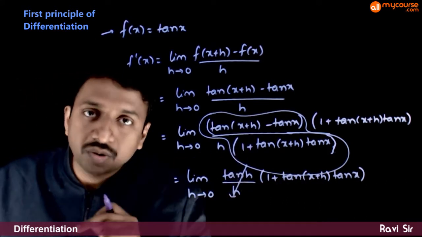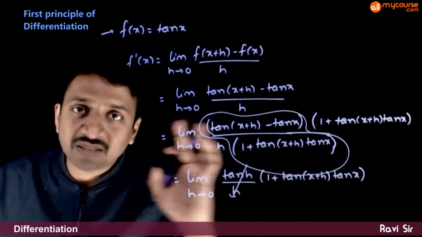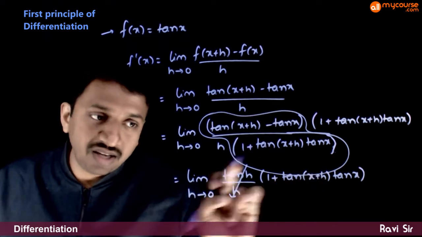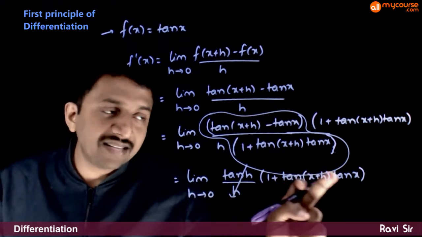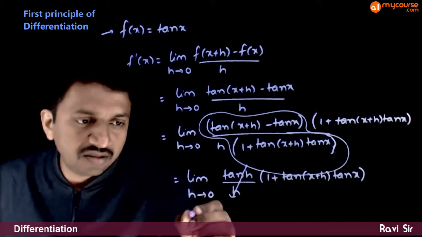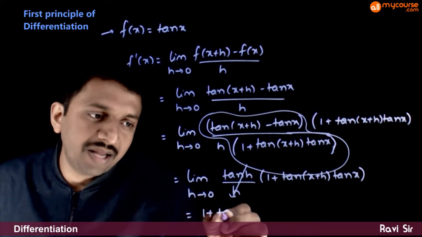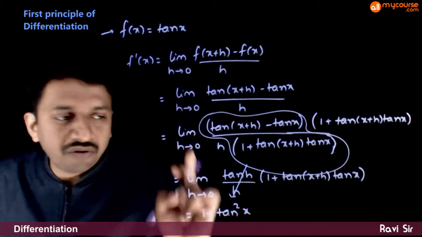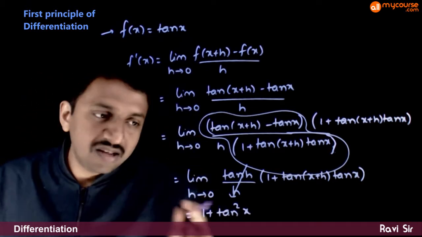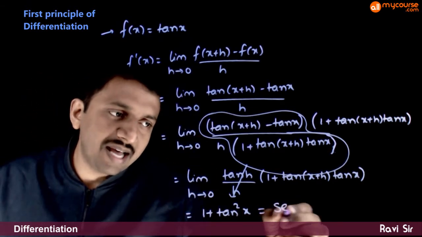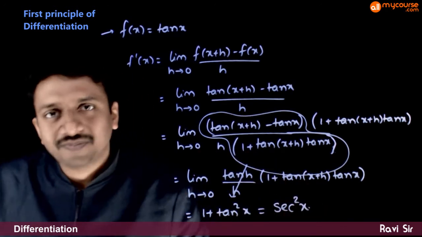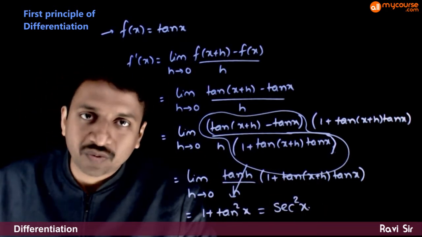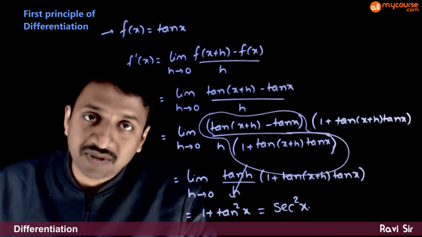And once this goes to 1, the indeterminacy has been removed, so you can directly do the substitution. So h goes to 0, and tan x into tan x is tan square x. So the answer is 1 plus tan square x. The differentiation of tan x is 1 plus tan square x. But 1 plus tan square x can be written as secant square x. So tan x's differentiation is secant square x using first principles.